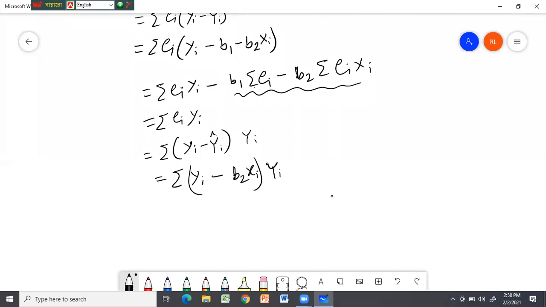This yi hat means b2 into xi, because I told you in the earlier class when we were measuring the R square. So in the graphical representation, you have your b1 started from here, which is actually measuring the y hat equal to b1 plus b2 xi.